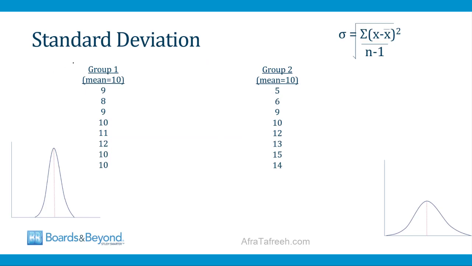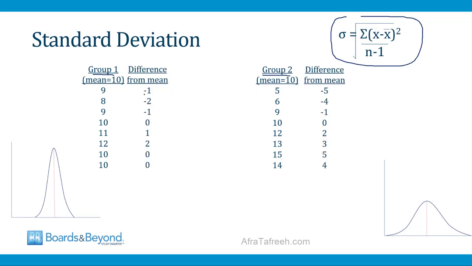So to make this more clear, I've created two data sets, group 1 and group 2, and they both have the same mean value, which is 10, but they have different dispersions, which means they're going to have different standard deviations. So this is the equation for standard deviation, and so in order to use this equation to calculate the standard deviation for group 1 and group 2, the first thing we have to do is determine the differences between each data point and the mean value, which is 10.